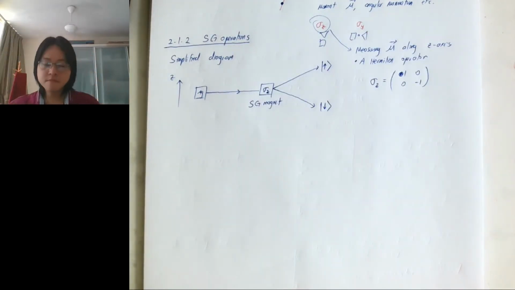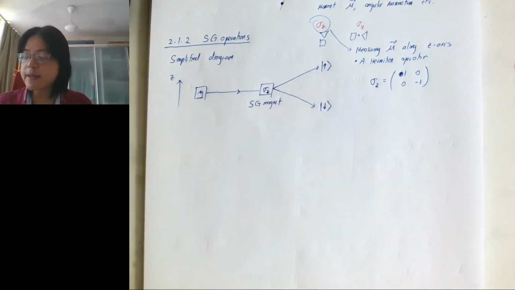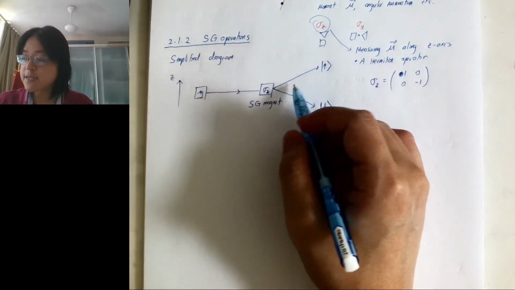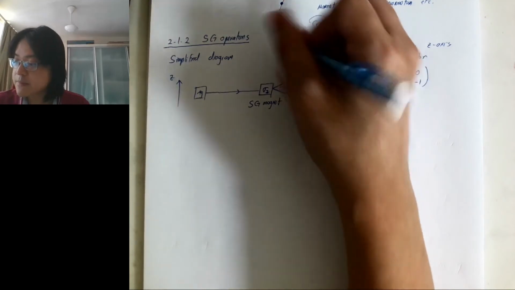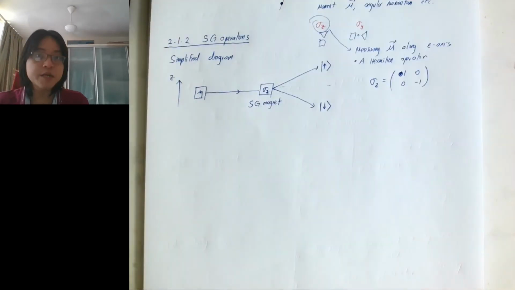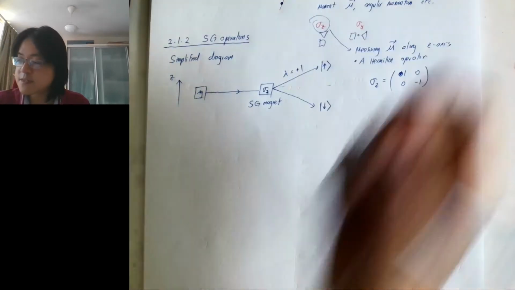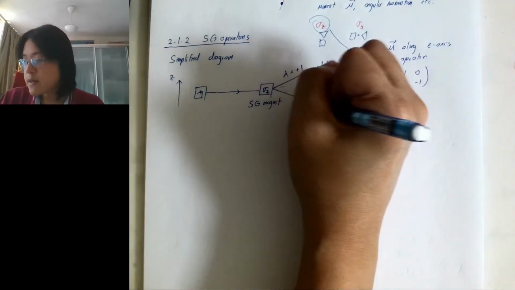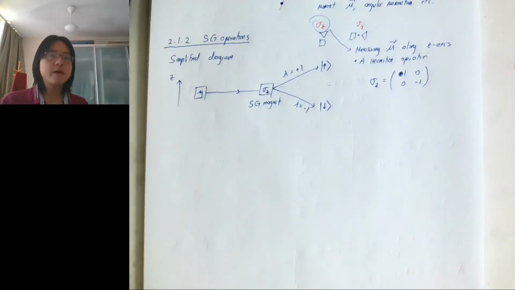And each state corresponds to some eigenvalue. So what is the eigenvalue? The particle that goes up has the positive z direction, so the eigenvalue will be positive 1, and the eigenvalue of this is negative 1.